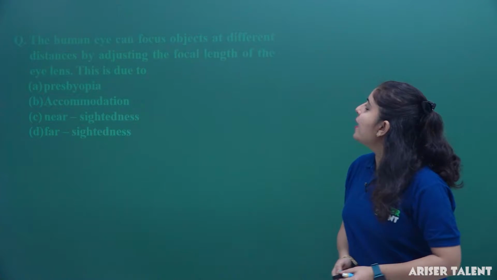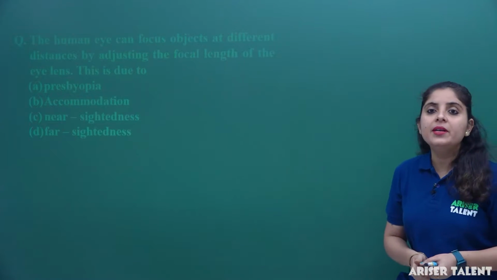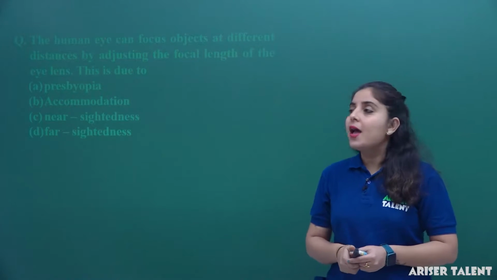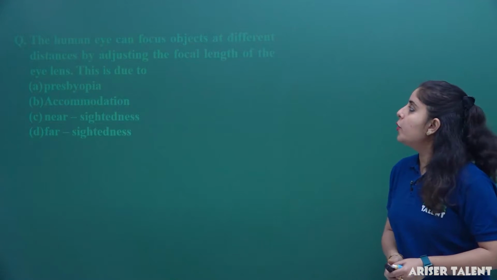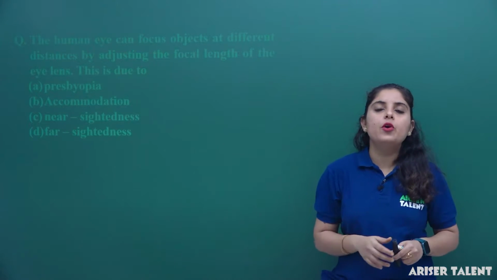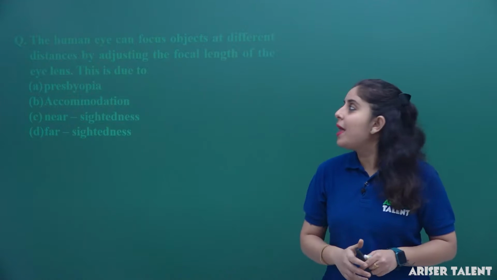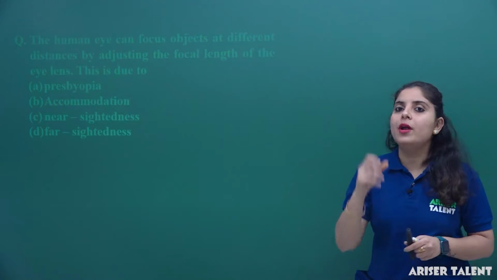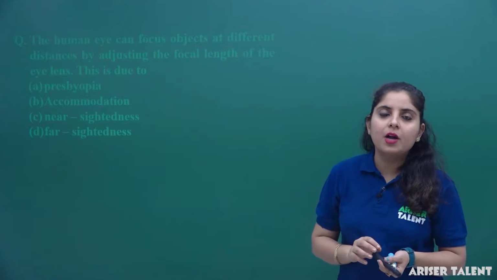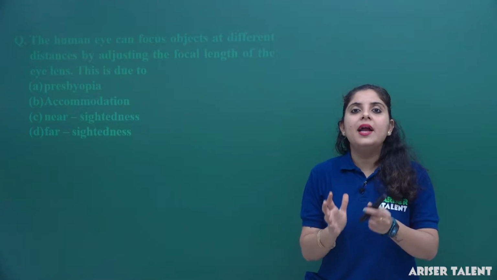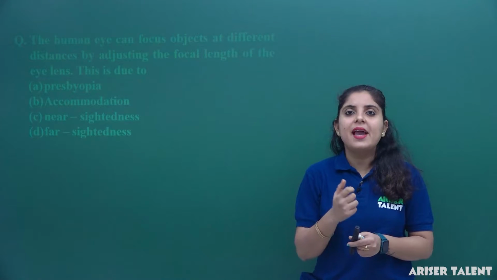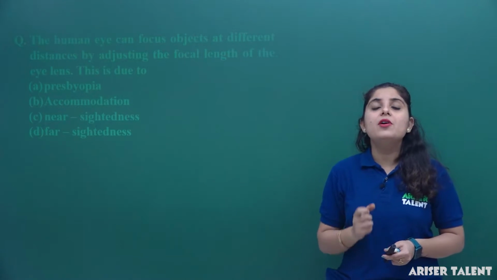The human eye can focus on objects at different distances by adjusting the focal length of the eye lens, and this is due to. Okay, so the human eye has a tendency, whenever light falls on it, to adjust the focal length. It can increase or decrease the focal length accordingly, and this capability of the human eye is known as the power of accommodation.